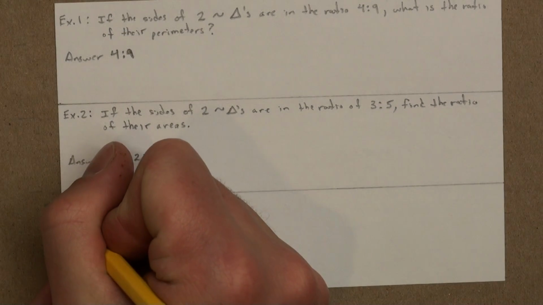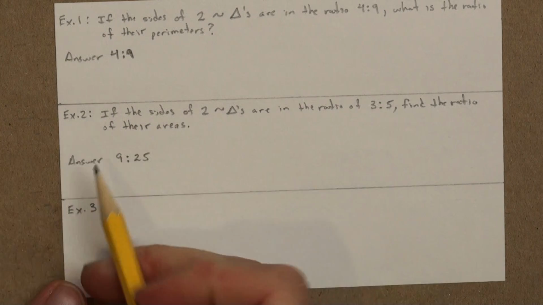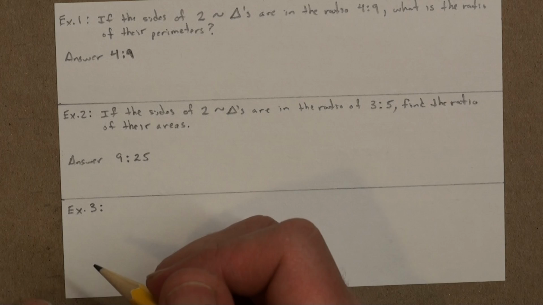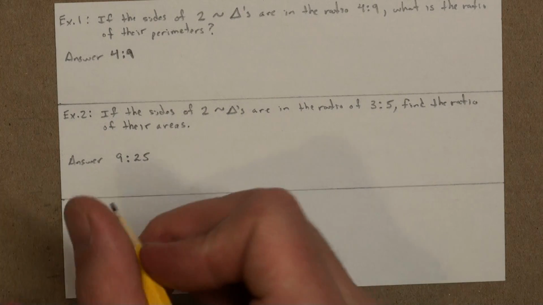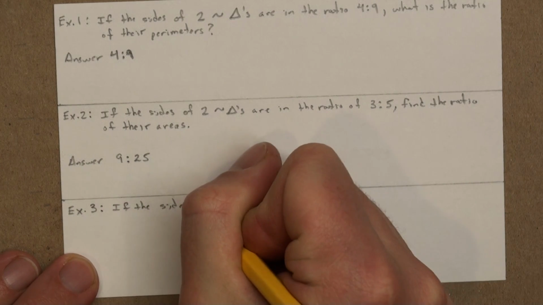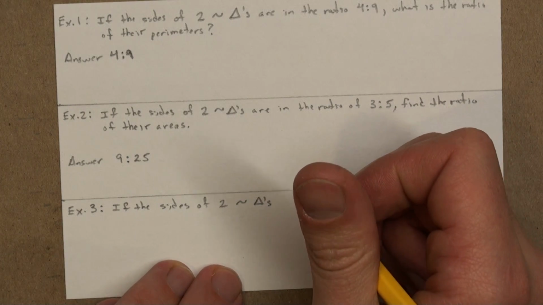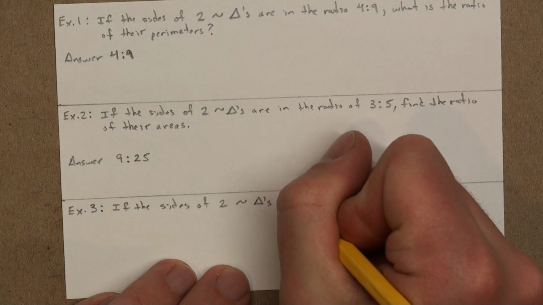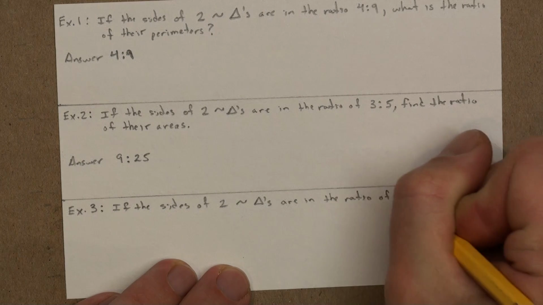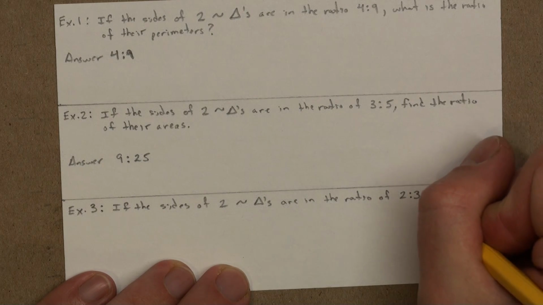Okay, so the area isn't in the same ratio, it's in the square of the ratio. And then for volume, it's in the cube of the ratio. And that should be easy to remember because area is always squared anyway and volume is always cubed. So if the sides of two similar triangles are in the ratio of 2 to 3, find the ratio of their volumes.